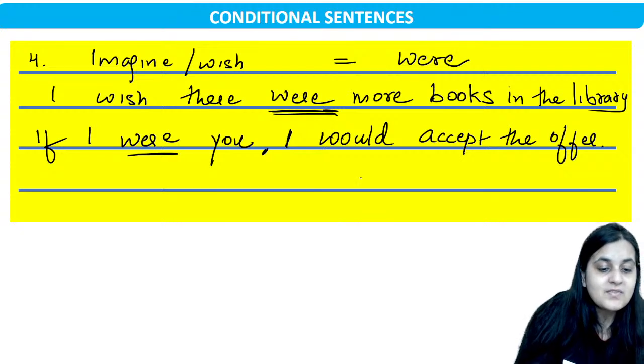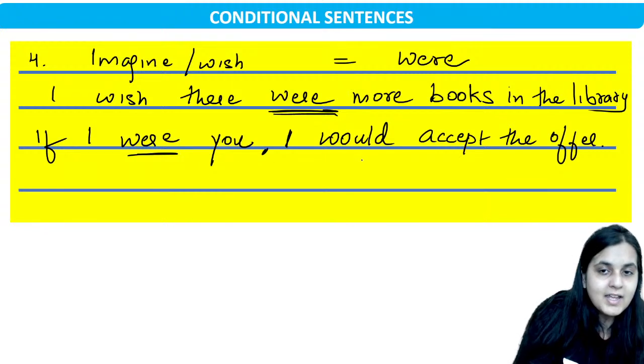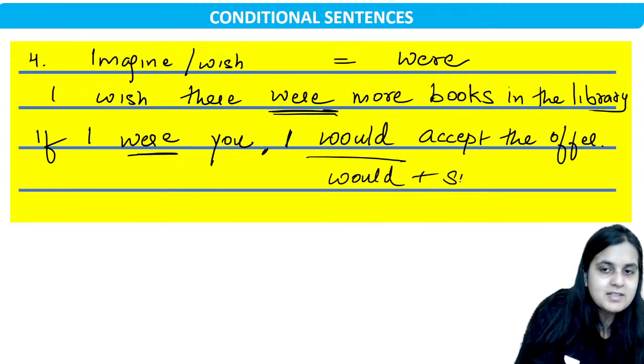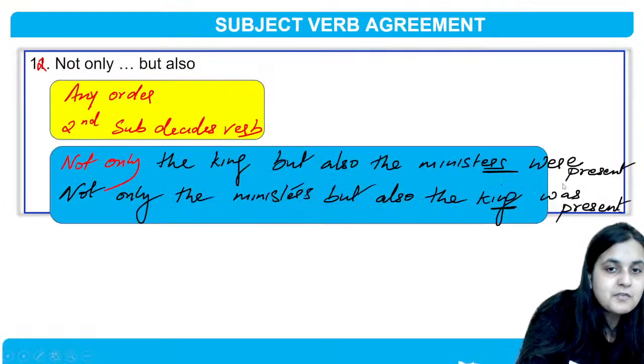Okay, that is wrong. That's a very common mistake that students make. You will not say if I were you, I would have accepted. No. If I were you, I would accept the offer. Would plus simple present.